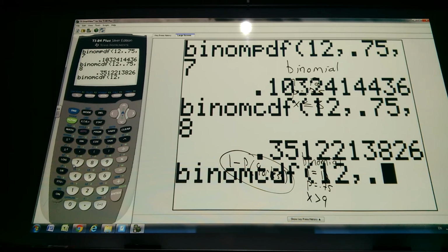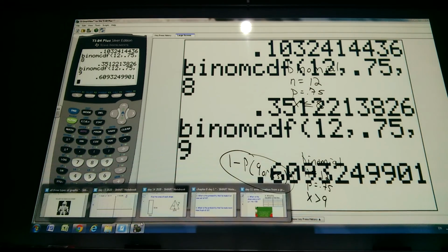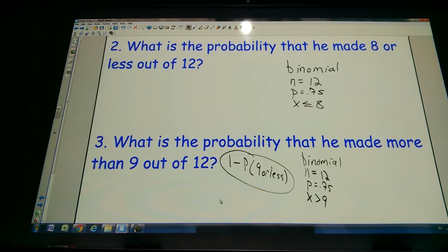He is a 75% free throw shooter and making 9 or less. So in our calculator, it's 12, .75, comma 9. So this is the probability of 9 or less. 61%. So there's a 61% chance that he makes 9 or less.